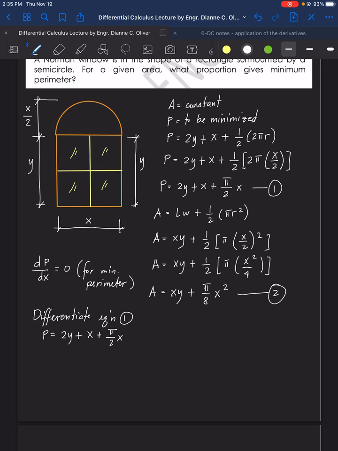For equation 1, P is equal to 2y plus x plus pi over 2x. Then since dP over dx is equal to 0, then let's say 0 equals 2y prime plus 1 plus pi over 2. So 2y prime equals negative 1 minus pi over 2.